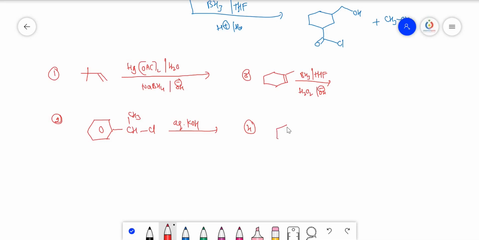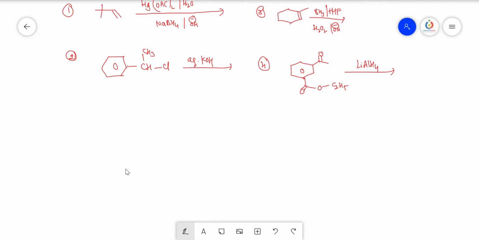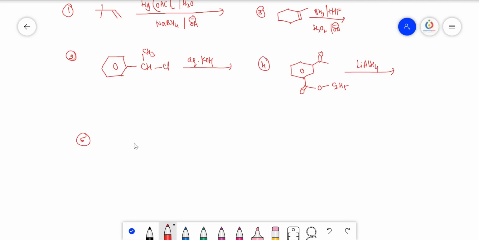And fourth one is C=O, C2H5. Now I am using the lithium aluminium hydride, means previous concepts also, just I am including here. And fifth one is PhCH2C=O CH(CH3)2, H plus and H2O.